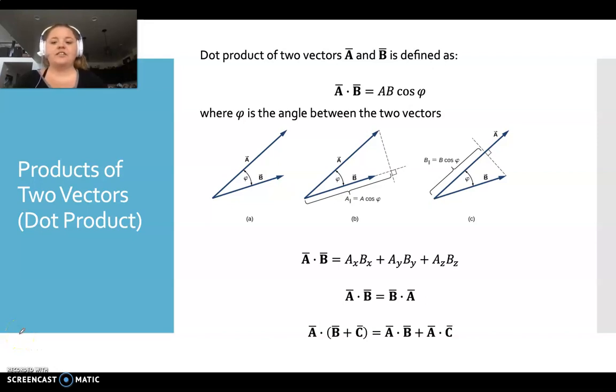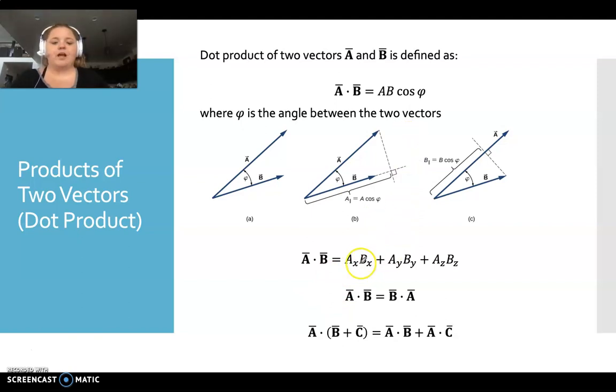Okay, continuing our discussion on the dot product of two vectors, we're going to go ahead and see how this breaks down. So we looked at previously adding two vectors together or subtracting them, but taking the dot product of two vectors is kind of the same but a little different.